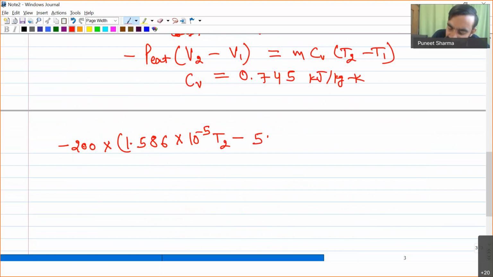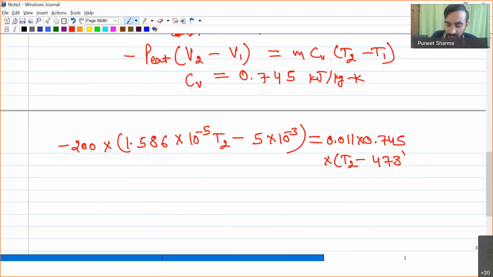V1 is 5 liters, so 5 into 10 to power minus 3 meter cube. This will be equal to m Cv times delta T. So mass is 0.011 and Cv is 0.745 times T2 minus T1, where T1 is 473 Kelvin. If you solve this equation, we have only one unknown. I will be able to find the value of T2 as 429 Kelvin. And I know the ratio between V2 by T2, so if T2 is known, V2 will be 6.8 liters.